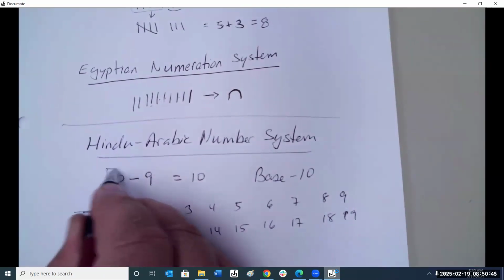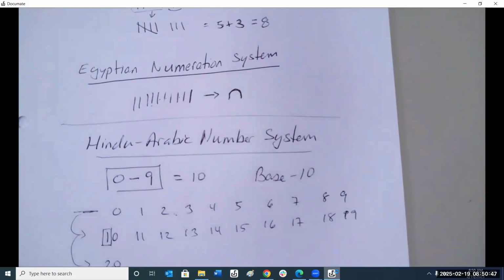Because the only digits that we can deal with before they change rows are numbers 0 through 9. So far, so good.